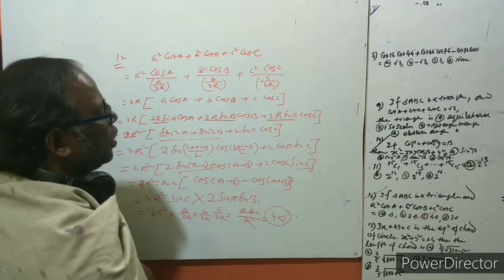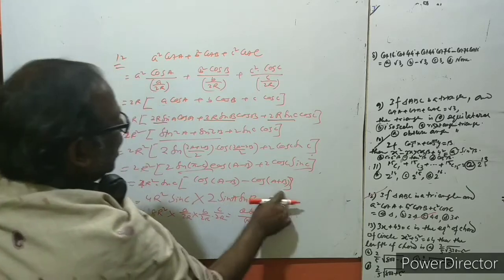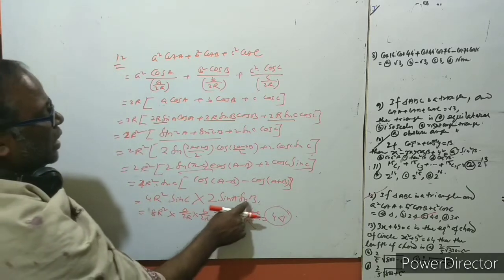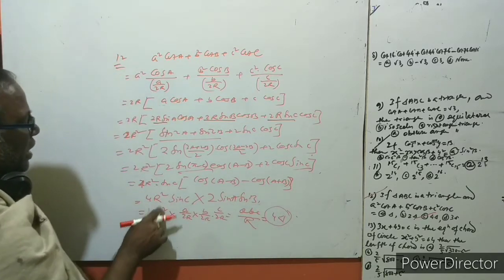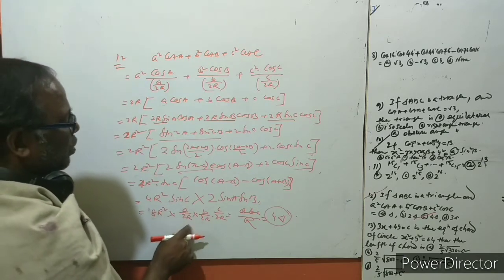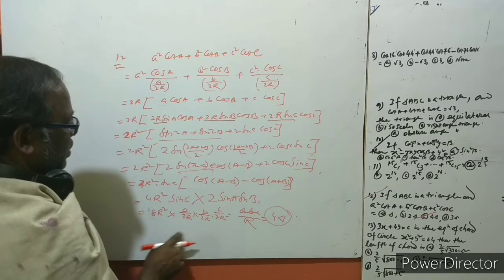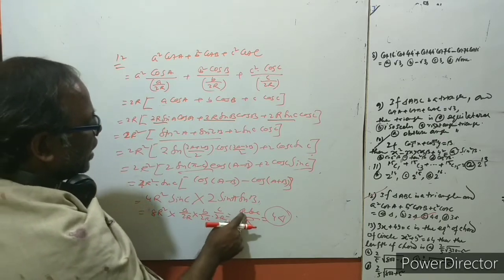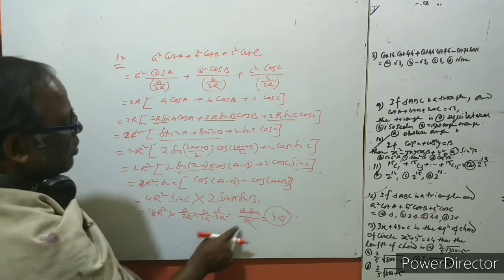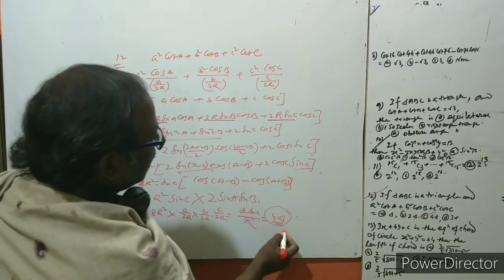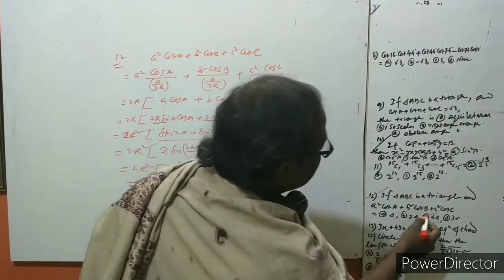So that is equal to minus cos of A plus B, and expanding this, we get 2 sin A sin B, and that is equal to 8R square sin A sin B sin C. Sin A means a by 2R, sin B means b by 2R, sin C means c by 2R. And therefore we can write abc divided by R, that is equal to 4 del. Okay, and this is option number C here.